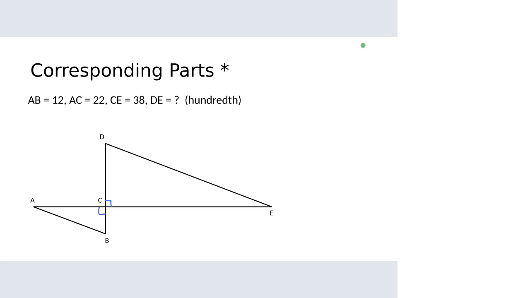And there may be times where identifying the corresponding parts isn't always easy or obvious. We'll go another 15 seconds on this one and then talk about it. Let me know if you need more time.